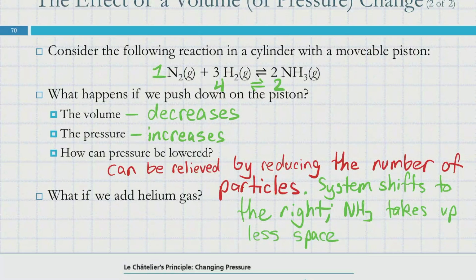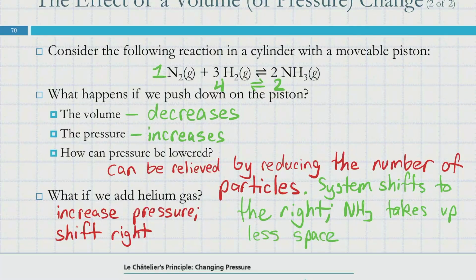No, that would also increase the pressure, sorry. It would shift right. So yes, it would shift to the right because we've increased the pressure. Even though the helium isn't involved in the reaction, I think that would still shift right.